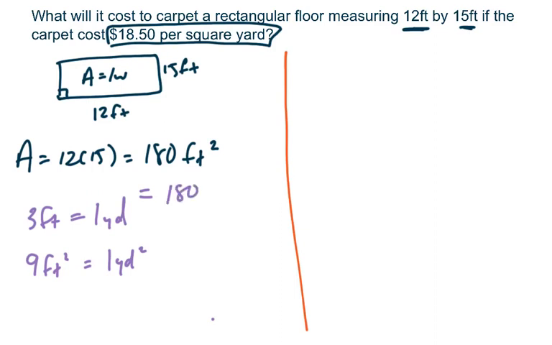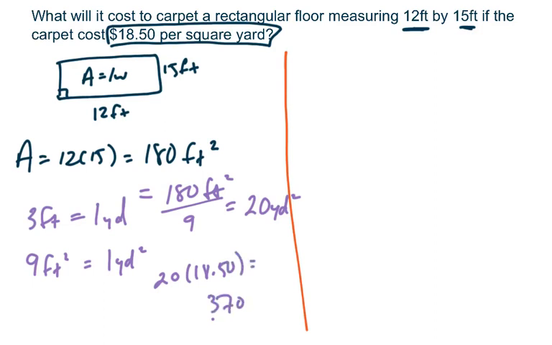So I have 180 feet squared. I'm going to divide that by 9, and that gives me 20 yards squared. Now I can go ahead and multiply that 20 times 18.50, and I'll get $370 is how much it's going to cost.